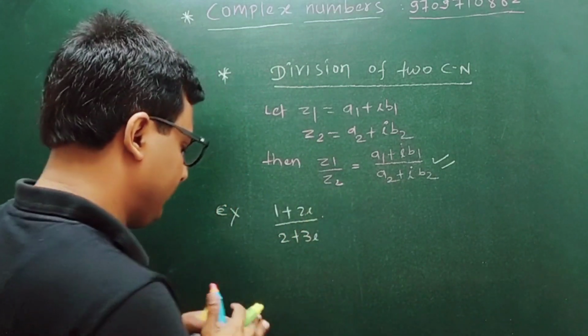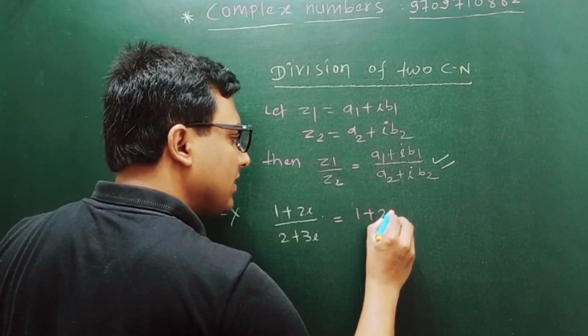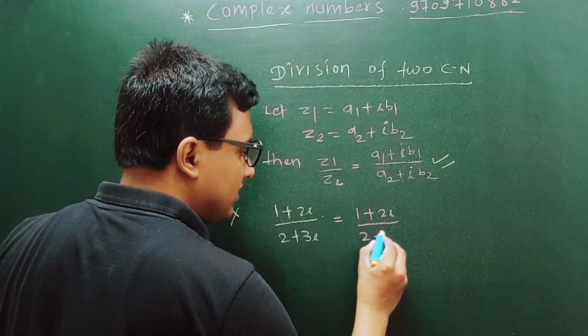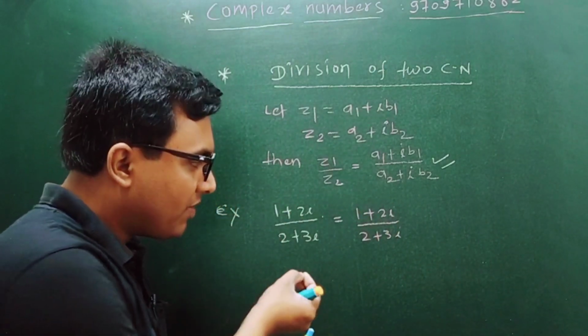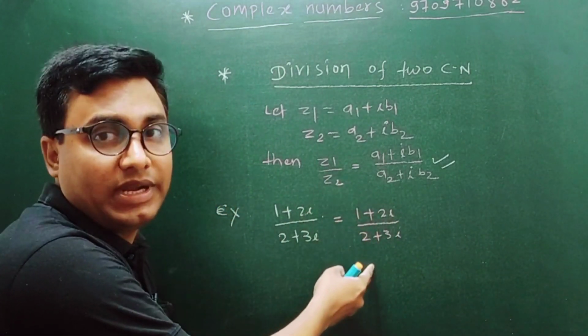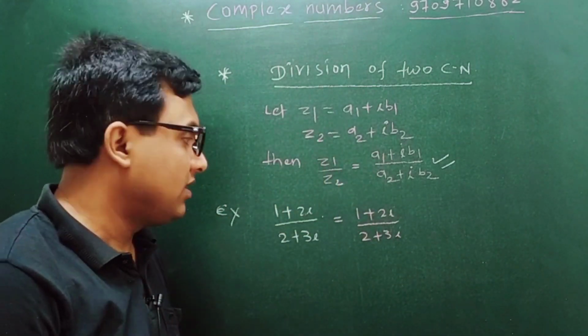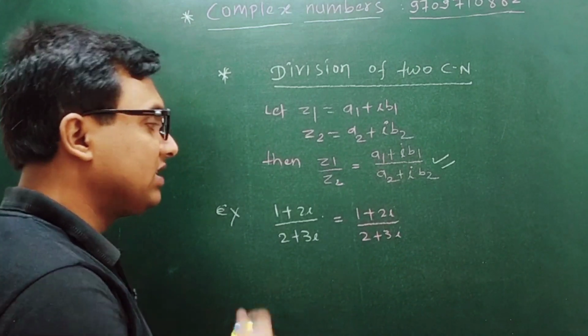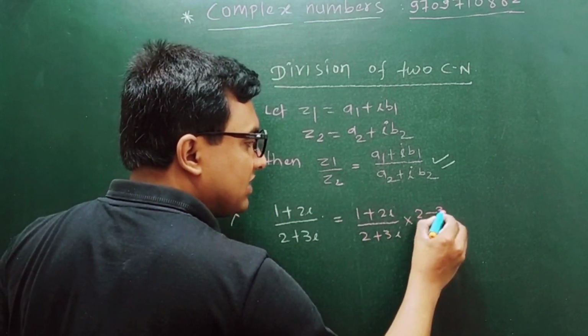See here, 1 plus 2 iota by 2 plus 3 iota. First target is removing iota from the denominator. For this we rationalize, multiplying numerator and denominator by 2 minus 3 iota.